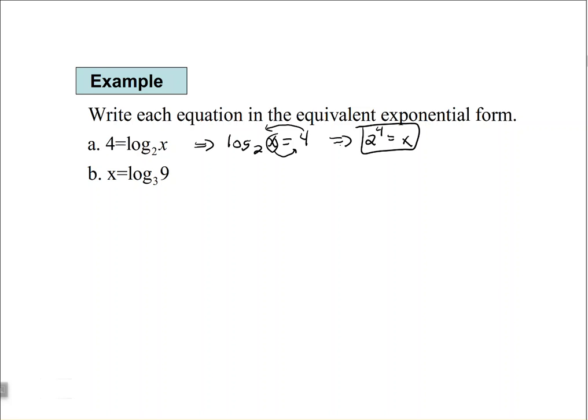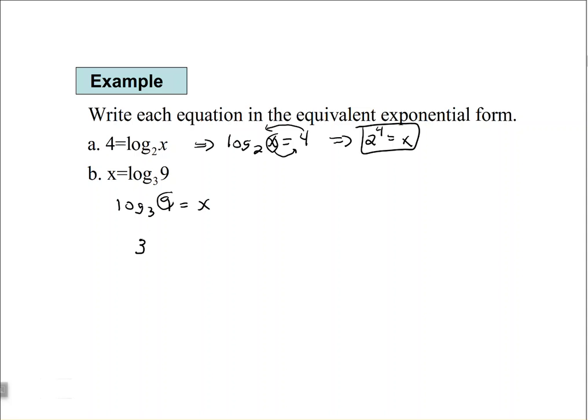Okay, part b, again we have x equals log base 3 of 9. I'm just switching sides. That really doesn't matter. I just like my log to be on the left hand side when I'm transforming these to exponential form. So the base, log base 3, will remain the base.